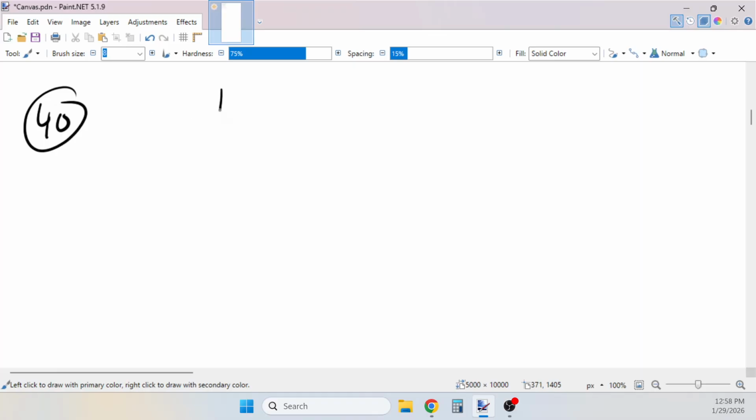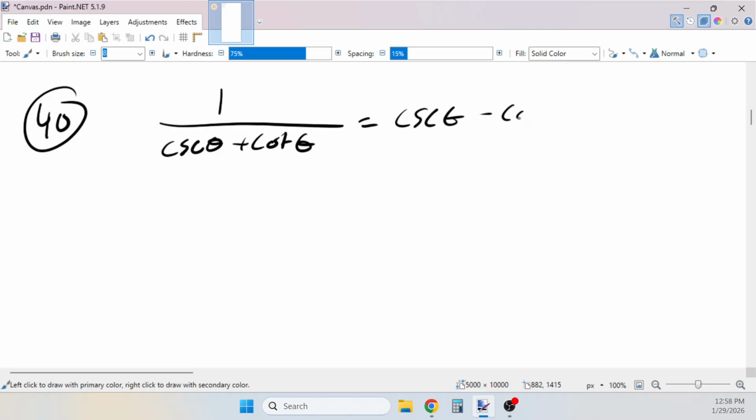We have 1 over cosecant theta plus cotangent theta, and this is supposed to equal cosecant theta minus cotangent theta. So we want to pick a side that looks more complicated and simplify it into the less complicated. Looking at this, I'm going to pick the left-hand side.